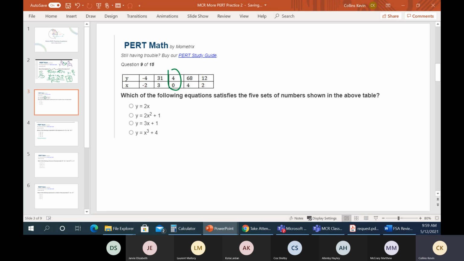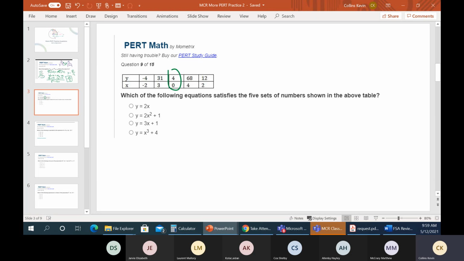So plug in 0 for X and see which one gives you 4. Okay, Shelby thinks it's D. Yeah, that made it a lot easier, didn't it?